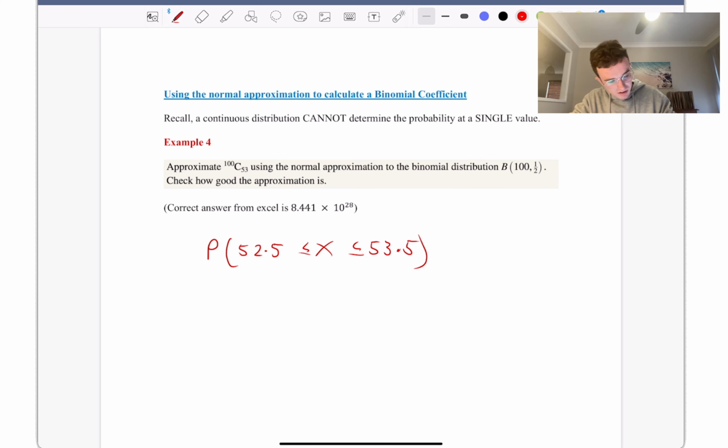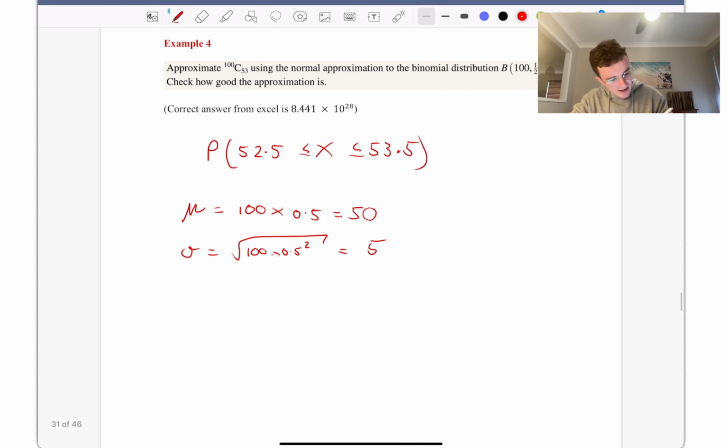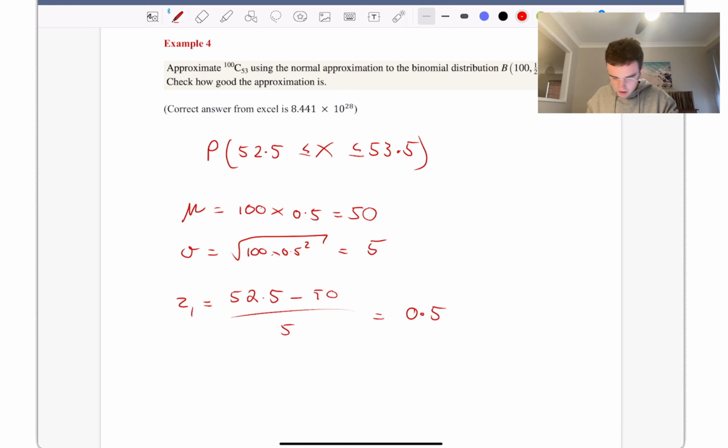So if we calculate those z-scores, well, the mean is 100 times a half, which is 50. And the standard deviation is the square root of 100 times 0.5 times 0.5, which is 5. So z1 is going to be 52.5 minus 50 on 5, which is 0.5. Let me quickly check that. 52.5 minus 50 on 5, 0.5.